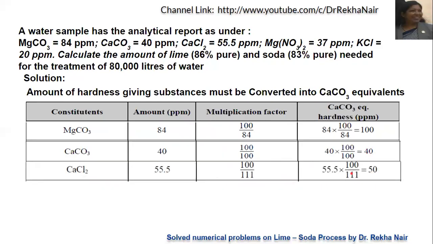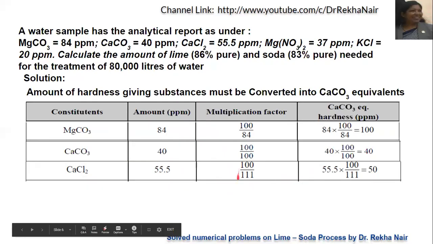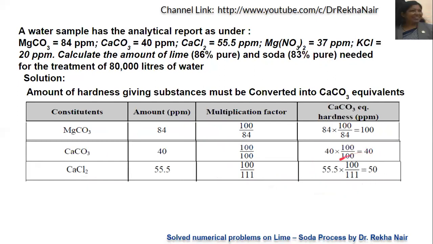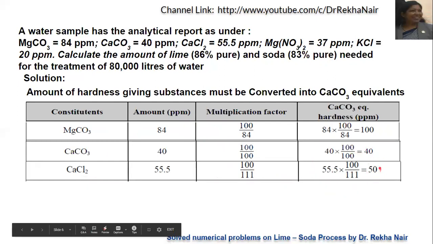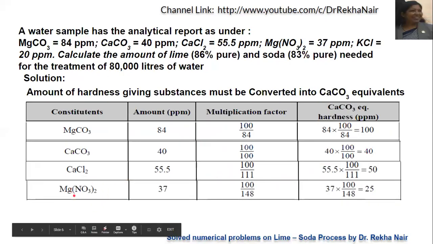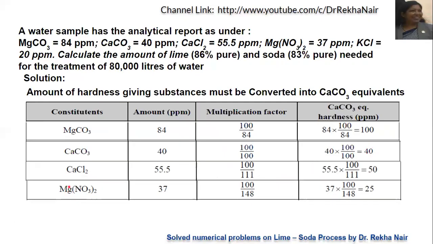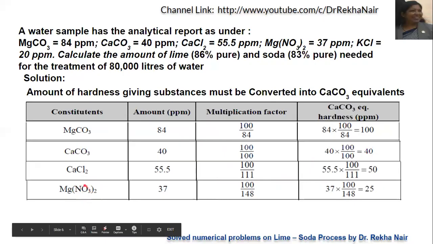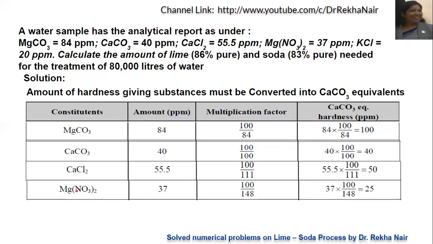Similarly, calcium chloride is given as 55.5. Its multiplication factor is 100 upon its molecular weight. So we can calculate CaCO3 and it will come out to be 50. Similarly, for magnesium nitrate, magnesium is the 12th element, so its atomic mass is 24. There are 2 nitrates attached to magnesium. Nitrogen is the 7th element, its atomic mass is 14.